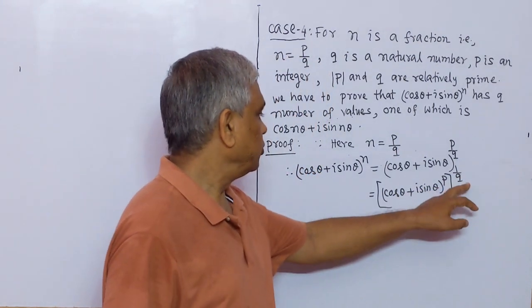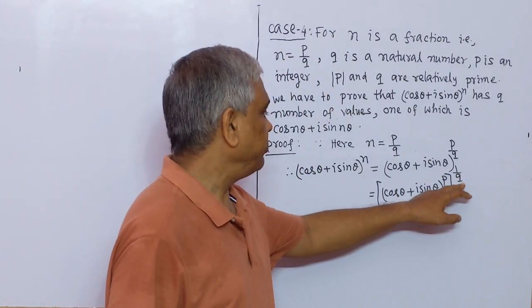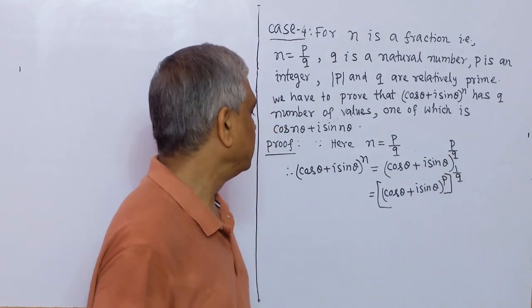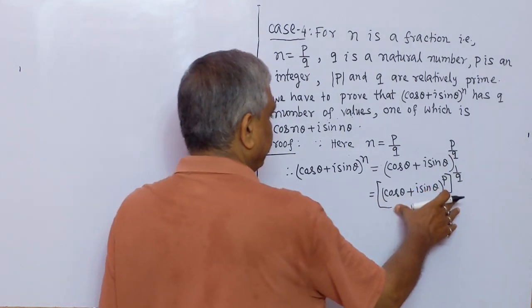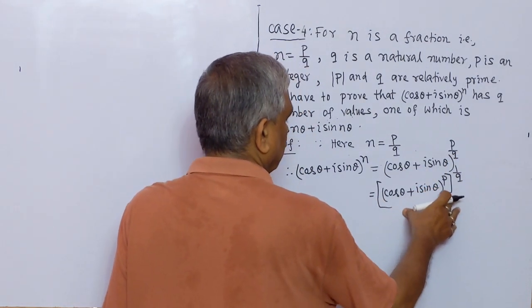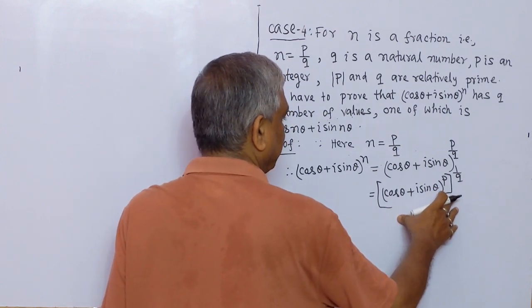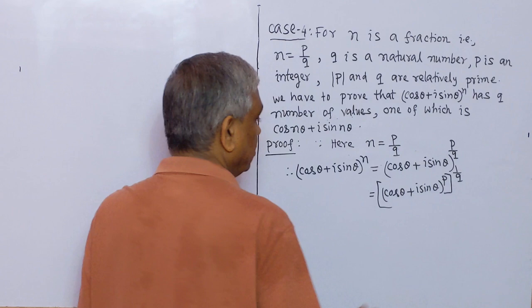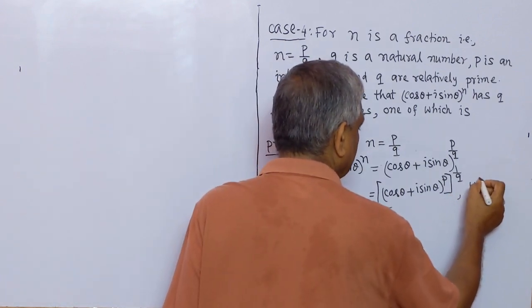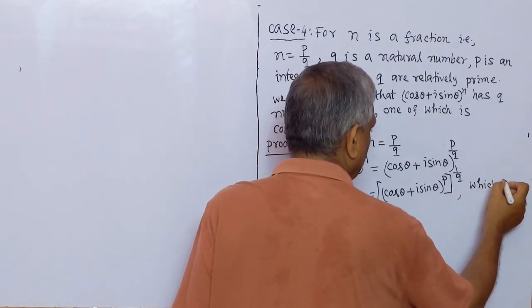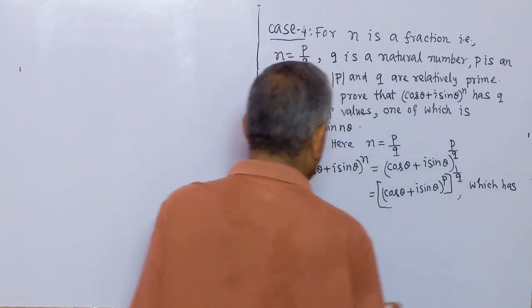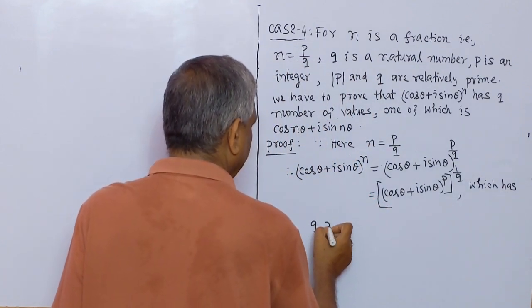Here we see that the power is 1 by q, so this expression will have q number of values.